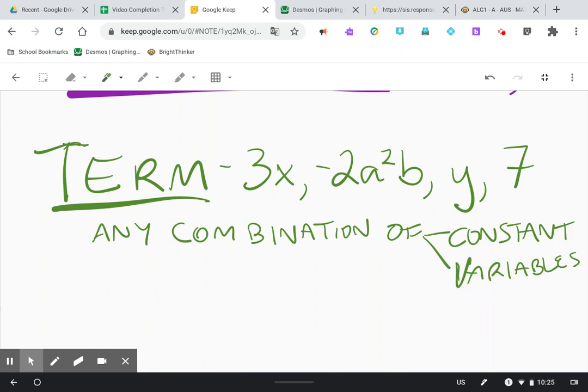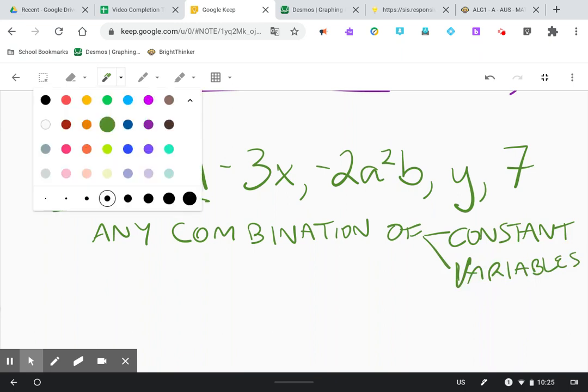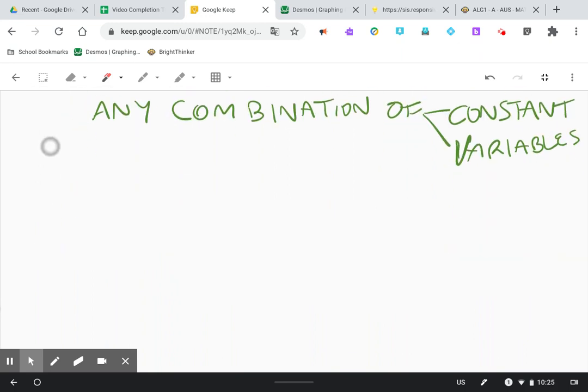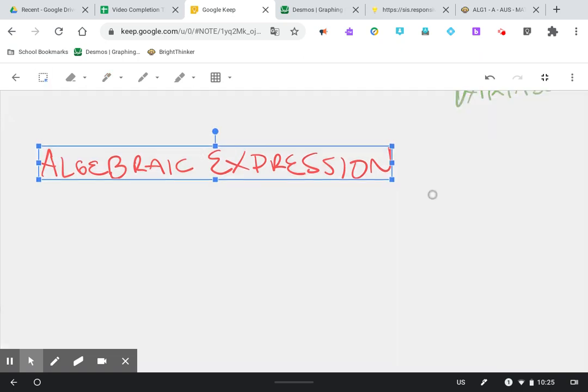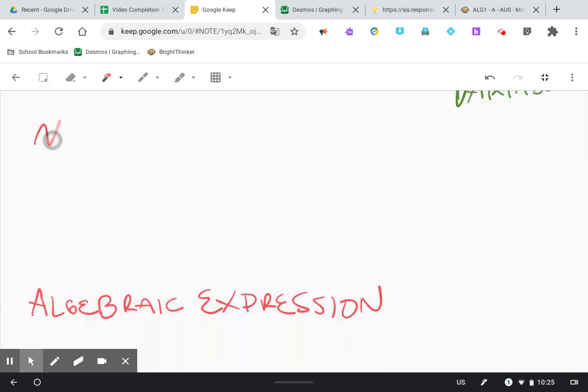So from here we're going to build. When we're doing algebra, we'll start to see that we can combine terms. And when I combine terms, they become what's called an expression, or specifically an algebraic expression. We already know what numerical expressions are.